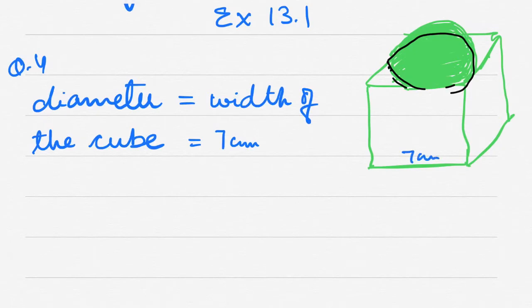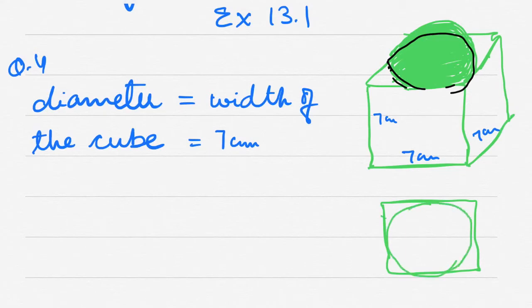That is because we are given the side of 7 centimeter, this is 7 centimeter, and even this is 7 centimeter. So I can have the diameter equal to one side of the cube. That part is clear, and if I see it from the top, this circular region will be covered and I can see only the shaded part.